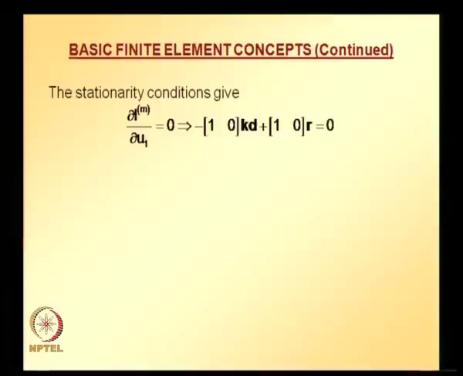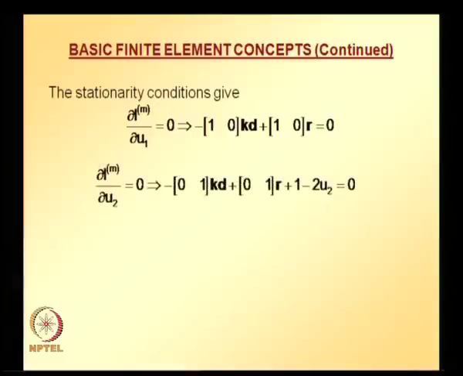This is similar to what you already obtained for the element equation without boundary condition. The first equation you obtained is similar to this one, and for the second equation, the partial derivative of I with respect to u2 is equal to 0. You get the second equation, again the same thing, similar to what you had done earlier.